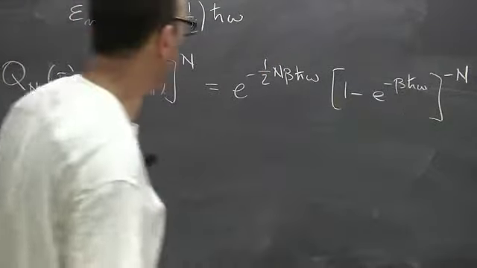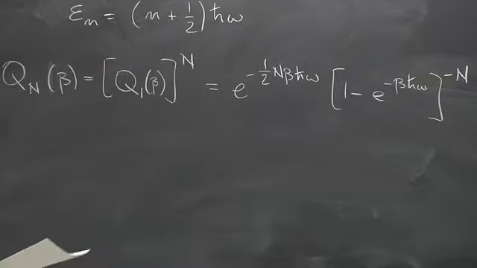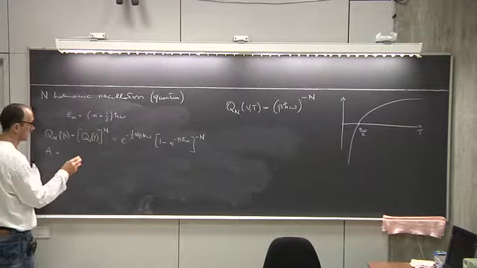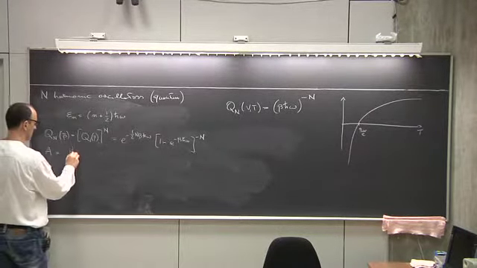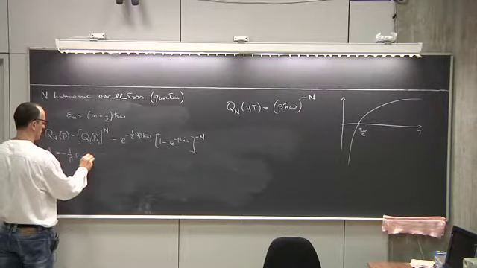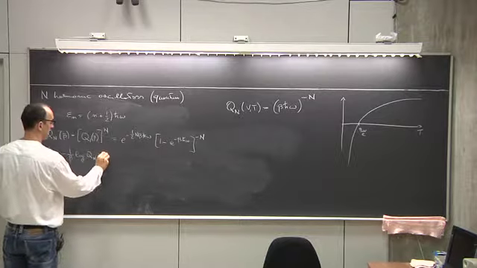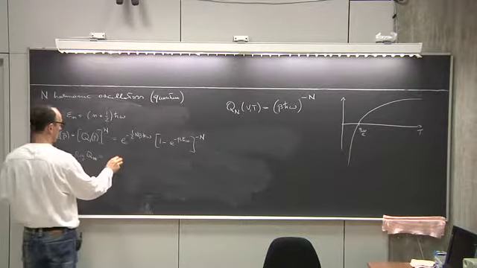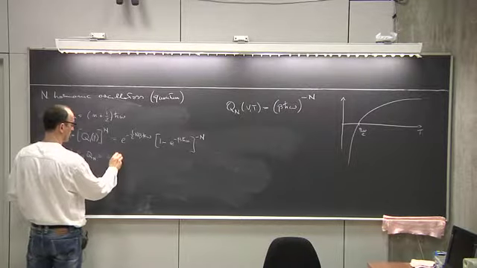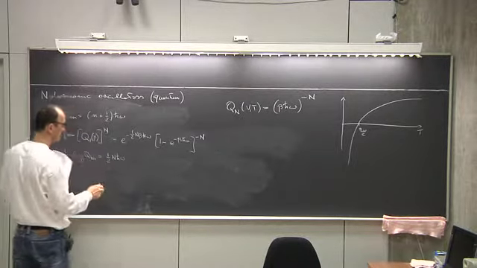Okay, and so again, now we can compute the Helmholtz free energy. This is minus 1 over beta times the log of Qn, which is 1/2 n h bar omega.